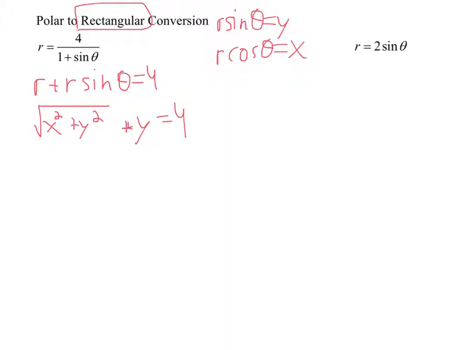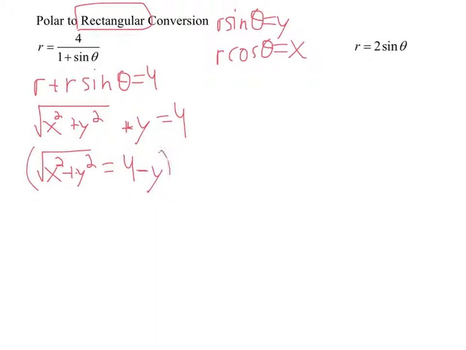And this brings us to our next common technique when going from polar to rectangular. I want to get rid of this square root, so squaring both sides seems like a very nice thing to do. Let me subtract the y to the other side first. I'll get the square root of x squared plus y squared equals 4 minus y.